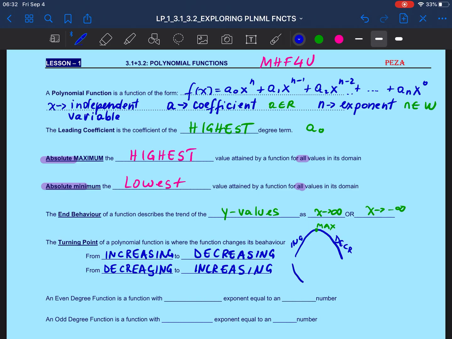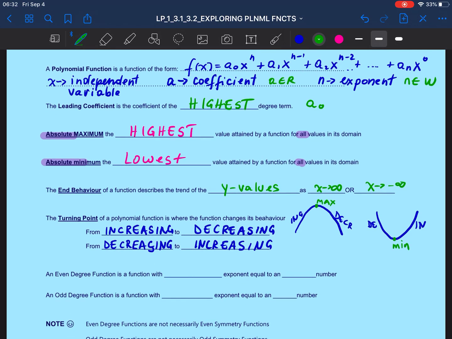So here is a function that is decreasing, and then it starts to increase. So from decreasing to increasing. When this happens, the function will create a turning point, which in this case will actually represent a minimum point on the graph.